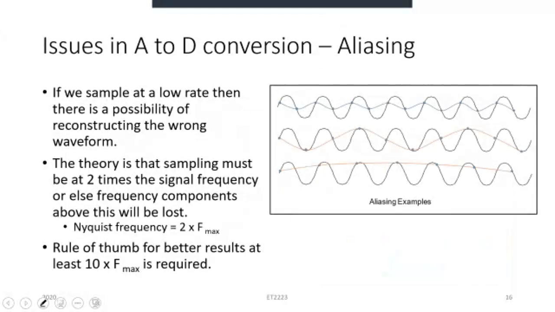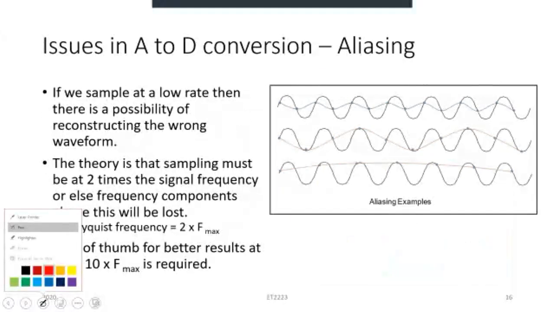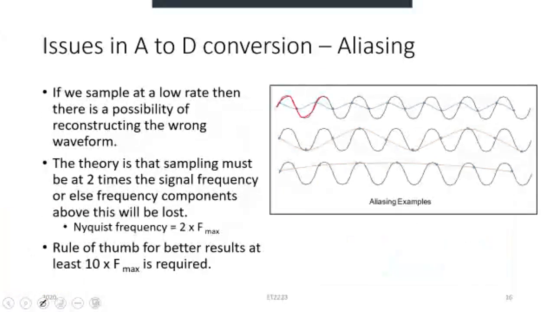So now let's look at some of the issues that we would have when we are thinking about analog to digital conversion. Let's take the signal that is shown on the screen as an example. So say this is the signal that we have. Now let's think about how frequently we are sampling.